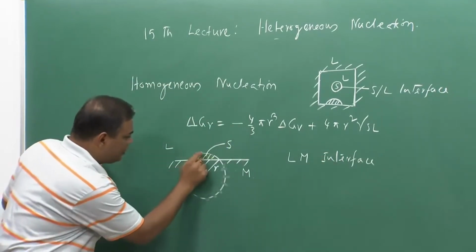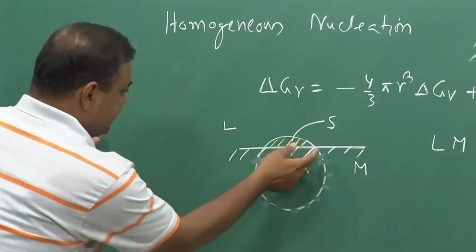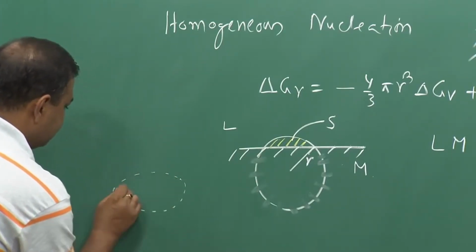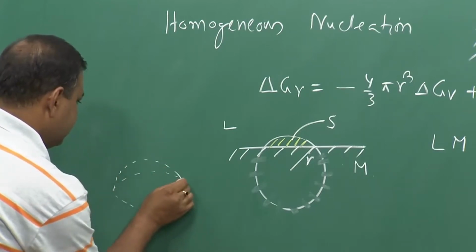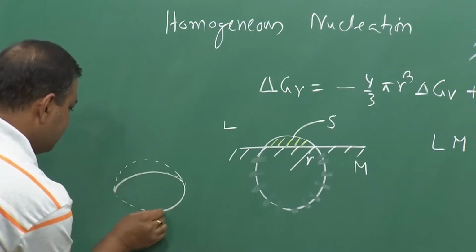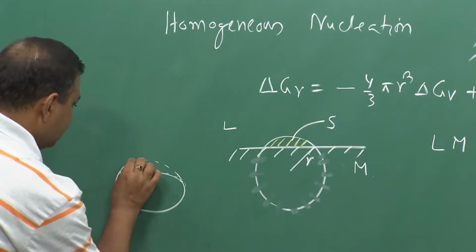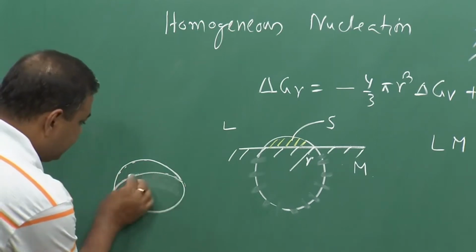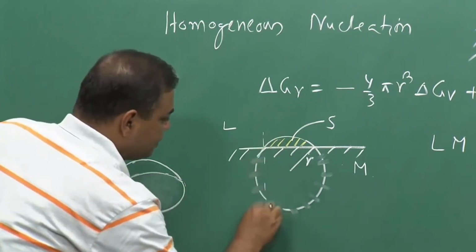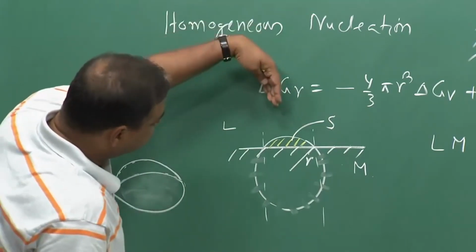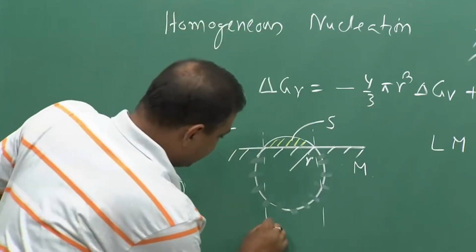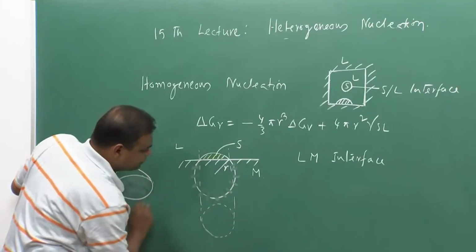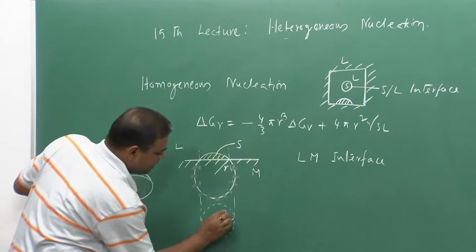Now, whenever this solid is forming on top of this, if we try to see in 3 dimensions, it can look like this. If we look from the top at this section, that is the projection, it will form a circle of some radius r, let us say.